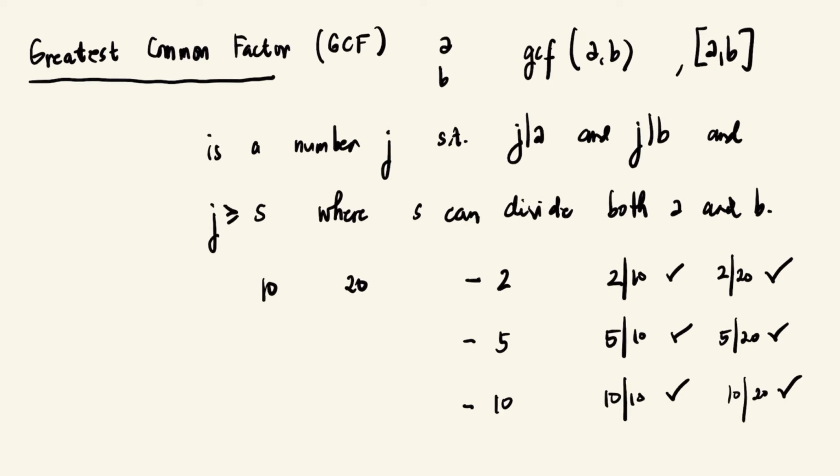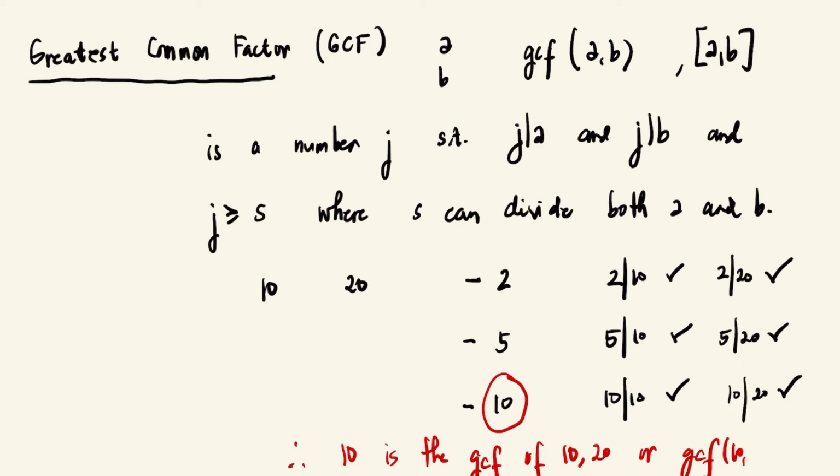However, we're actually looking for J such that J is the greatest of all S. Lahat sila S, pero yung J ang hinahanap natin, yung pinakamalaki. So therefore, yung 10 mo is the GCF of 10 and 20. Or you can write GCF of 10 and 20 equals 10.